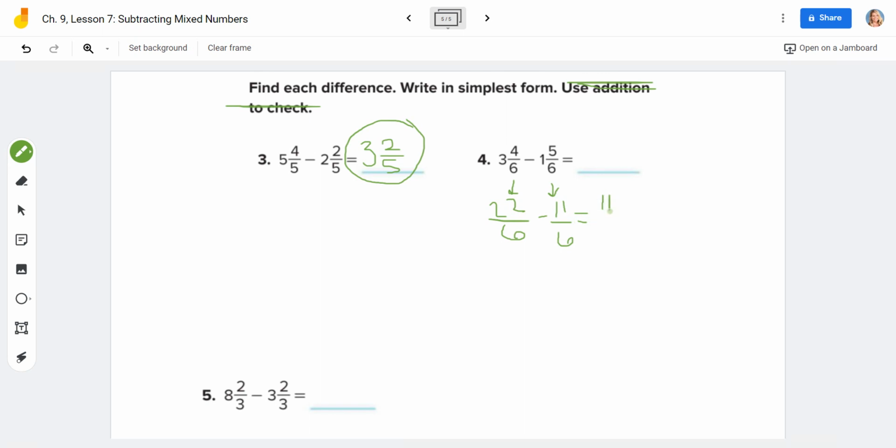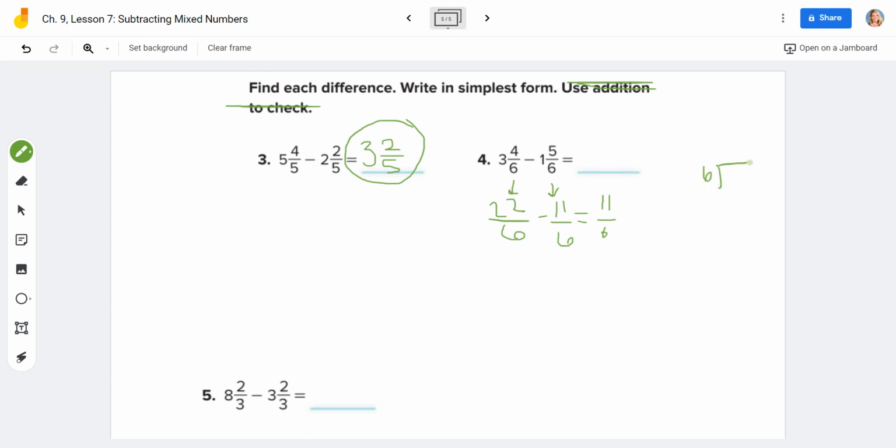I'm going to subtract. And I get 11/6, but I can't put that as my answer because it is an improper fraction. So how do I fix improper fractions? How can I turn it into that equivalent mixed number?